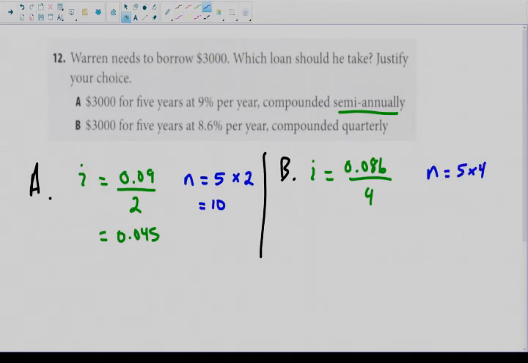Okay, 5 years, 4 payments per year. 5 times 4 is how many payments you're getting overall, which is 20. So let's calculate this interest on the calculator as well. So 0.086 divided by 4. And that gives 0.0215.